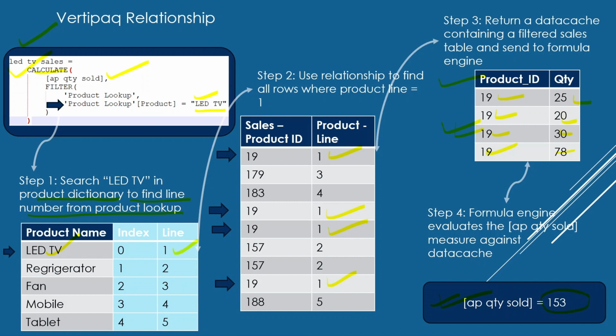In this way, VertiPaq maintains a relationship, and whenever there is a DAX query which is going to do a certain kind of calculation where the relationship is required, as we have just seen with the help of this pictorial representation, with the help of this VertiPaq relationship, the formula engine will calculate or evaluate any kind of DAX query which has a relationship between 2 or more tables or columns.